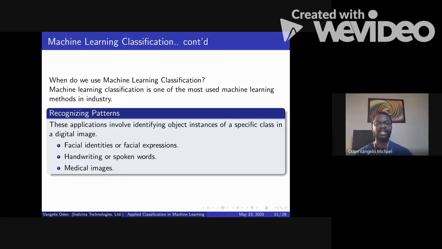So for cancer, and this is an area, medical images is an area where a lot of advanced research is ongoing now into understanding how machine learning algorithms are able to see cancer in patients, see other underlying conditions by just looking at scans of those images, of those people rather.